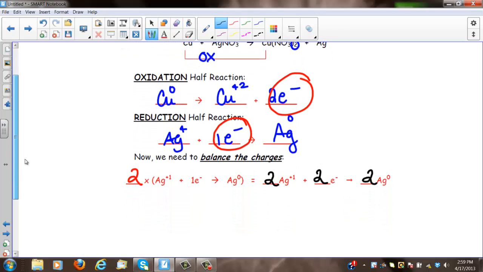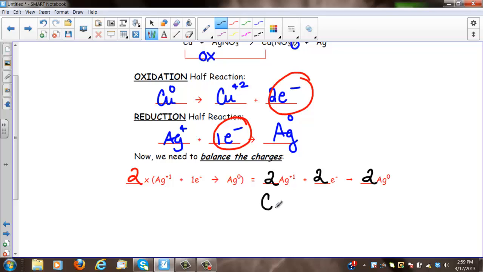Now truly what I would be doing at this point was I'd be taking my other reaction, Cu0 yields Cu plus 2 plus 2 electrons. Because my electrons are on opposite sides of the arrow, I can cancel these out.